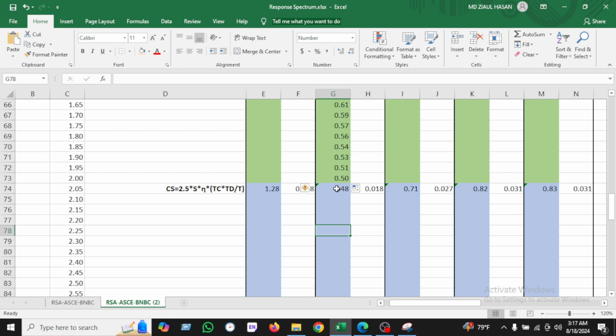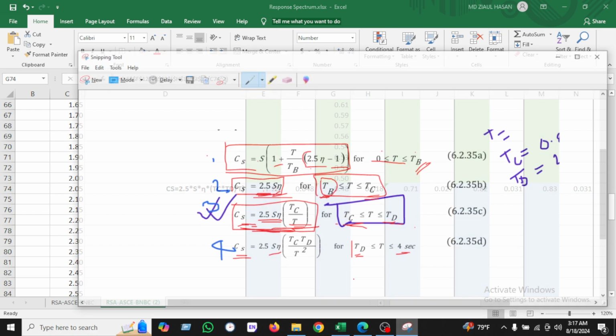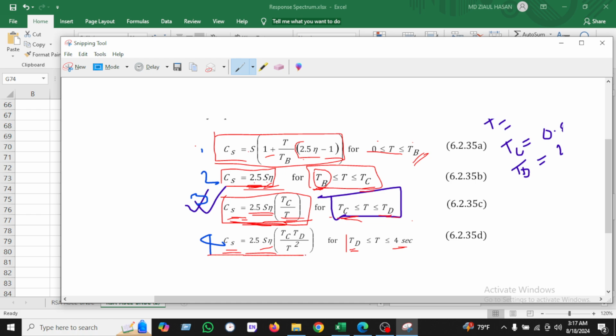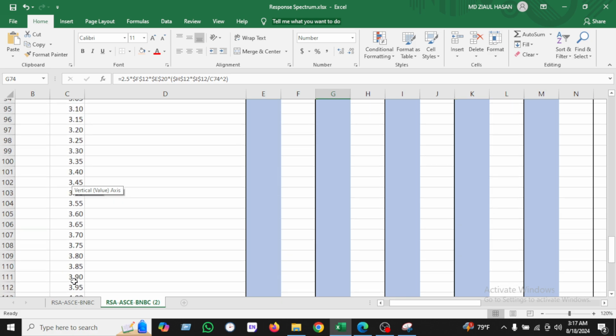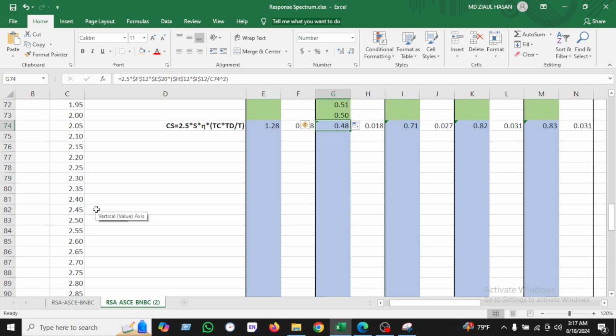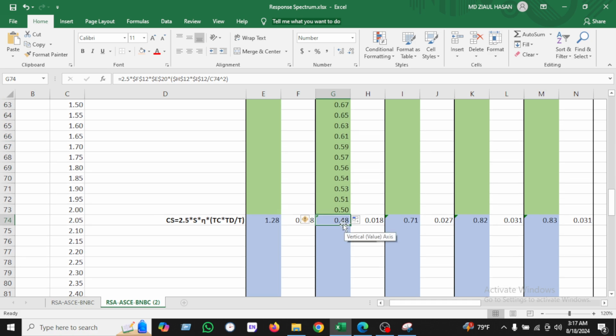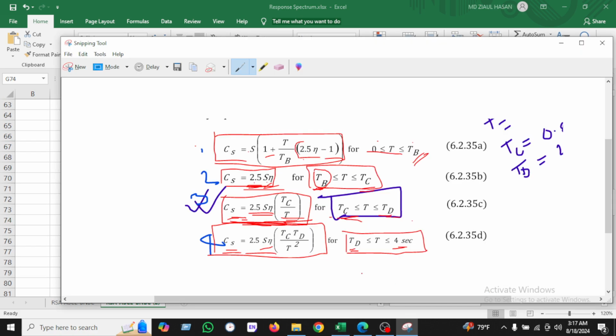And the last one we have shown, Cs is here, and the value will be from Td to 4 seconds. So I have already put this up to 4 seconds here.